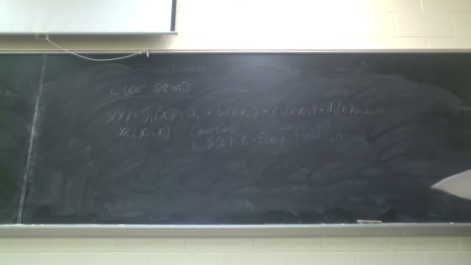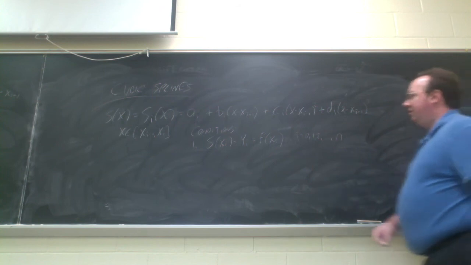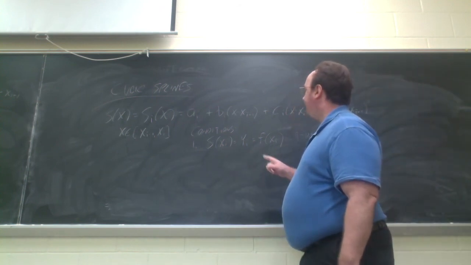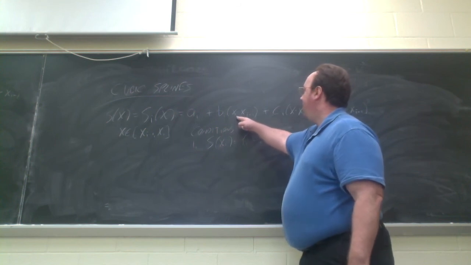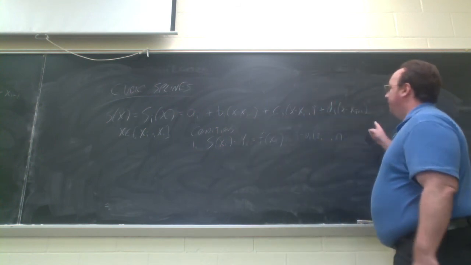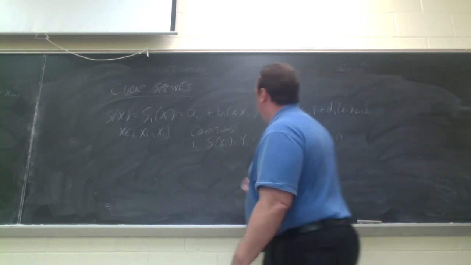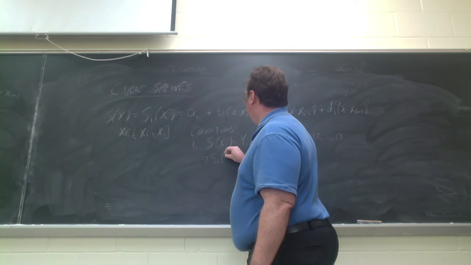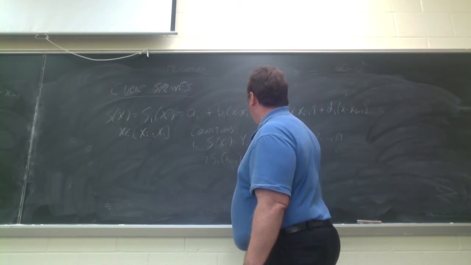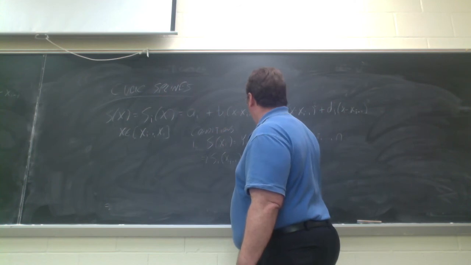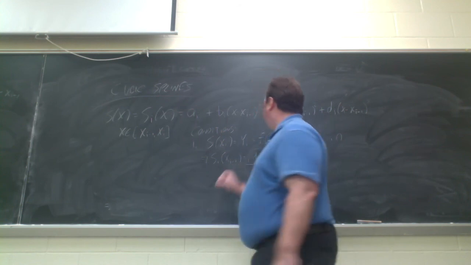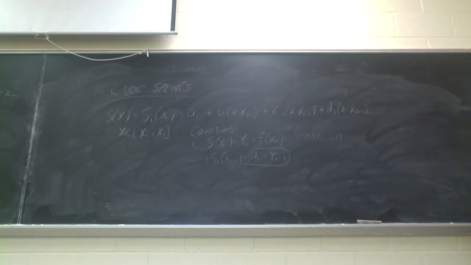Now, what that means is, if I plug in x equal to xi minus 1, then all these terms are going to go away. So this immediately tells me what the a's are supposed to be.